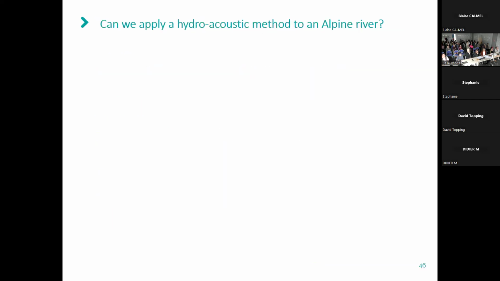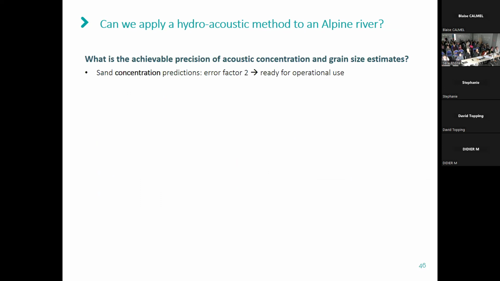So now, to talk more about hydroacoustics, I was interested in what is the achievable precision of acoustic concentration and grain size estimates. We've heard that sand concentration predictions are possible with the method at our study site with a factor of 2, which corresponds to the literature for sand concentration predictions, and takes into account the important variability of the sand concentration.